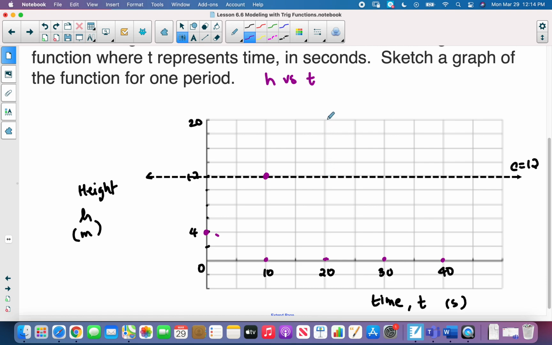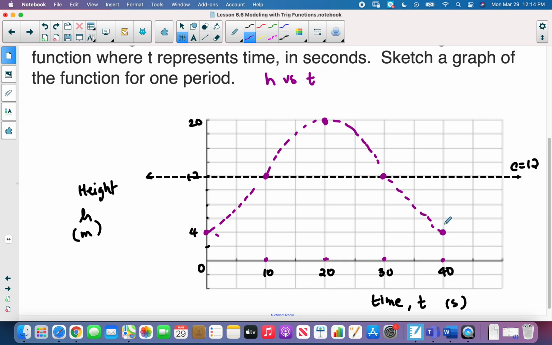At 20 seconds, you're going to be at the top of your ride. And then you come back down 30 seconds to the halfway point where your axle is. And then in 40 seconds, you come back to where you started. So you get 1 cycle in 40 seconds this way.